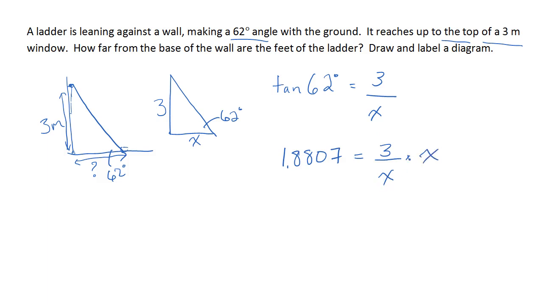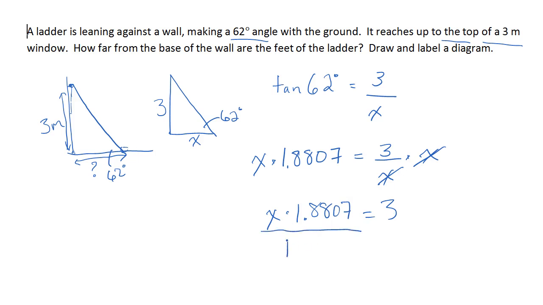Just like before, we're going to multiply both sides by x. These will cancel each other out, and we'll just be left with a 3 on this side. And we have x times 1.8807 is equal to 3.